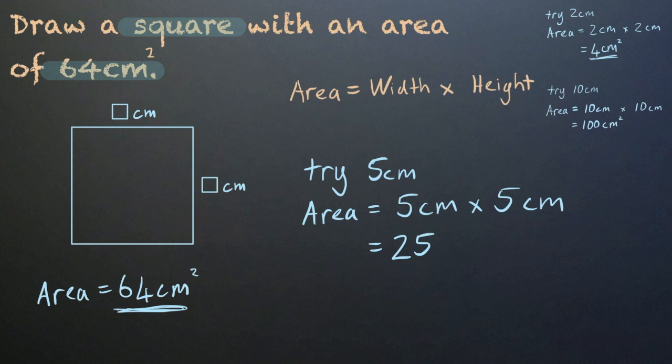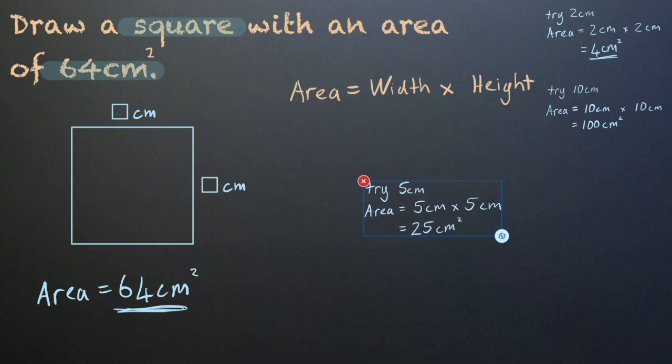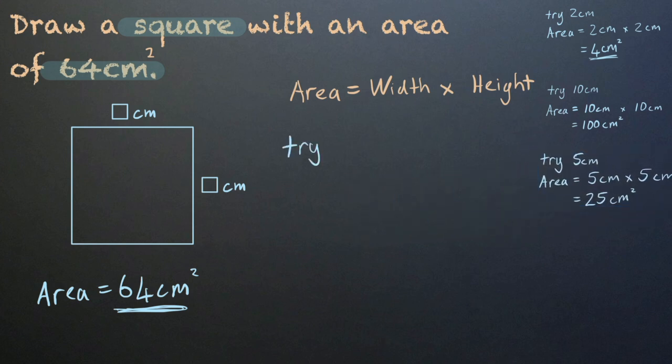And we know they're going to be centimeters squared. Now, our 25 is still less than the target of 64. So we know it's got to be bigger than 5, but smaller than 10. So we need a number that is going to be bigger than 5, but less than 10.